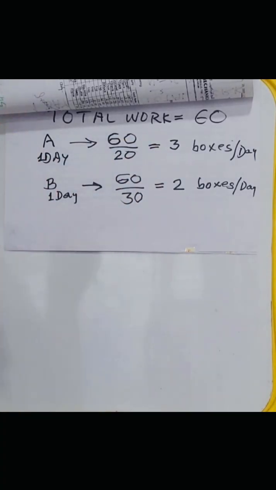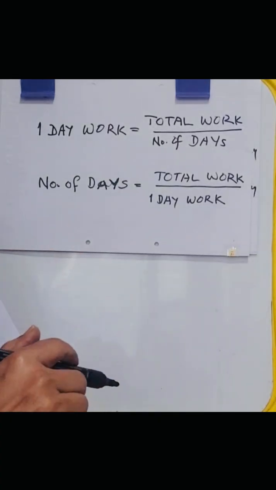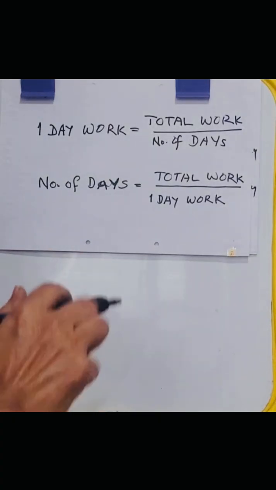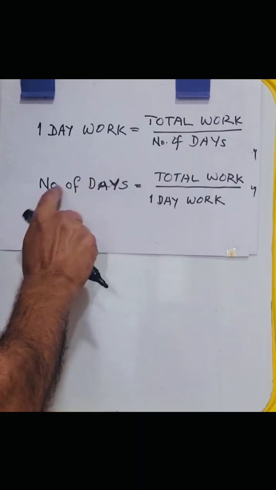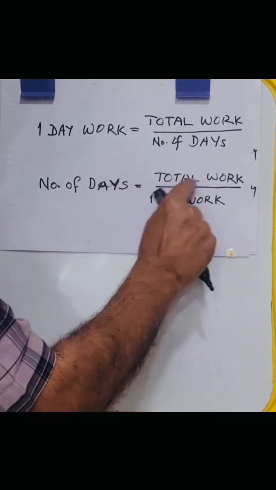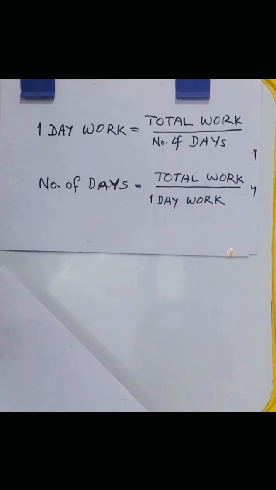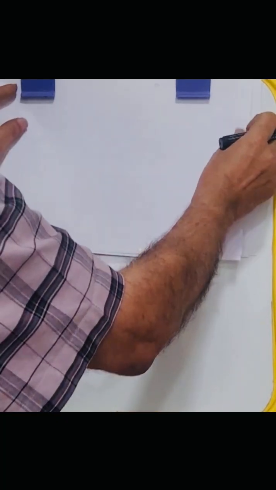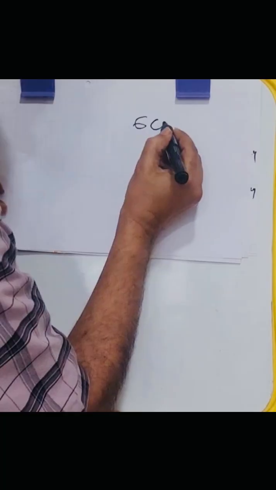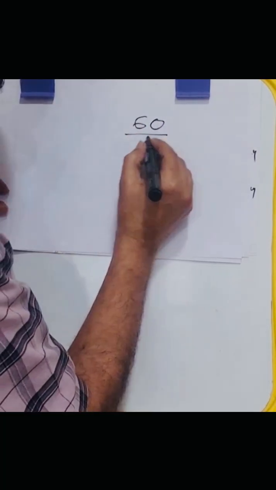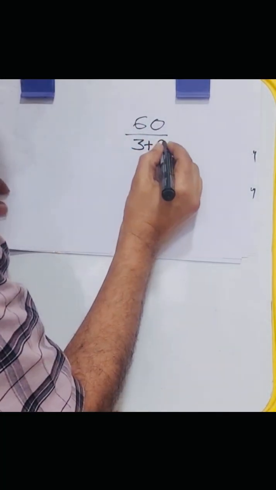So how many days will it take for both of them together? The number of days is equal to total work divided by 1 day work of both together. Total work is 60. One day work of both together is 3 plus 2.